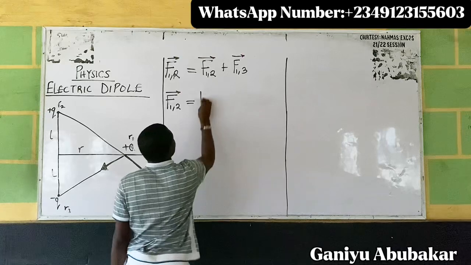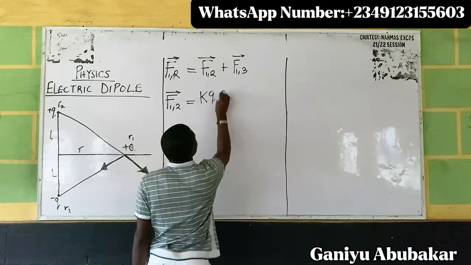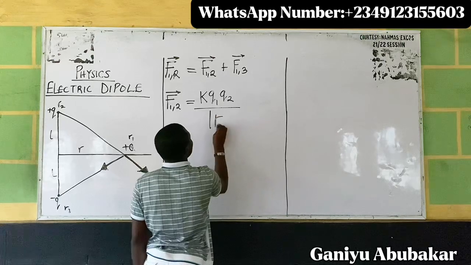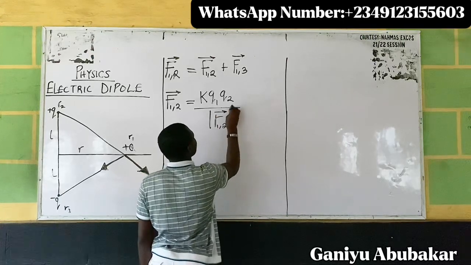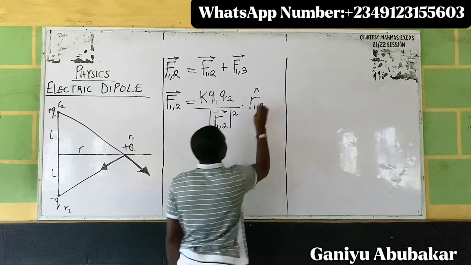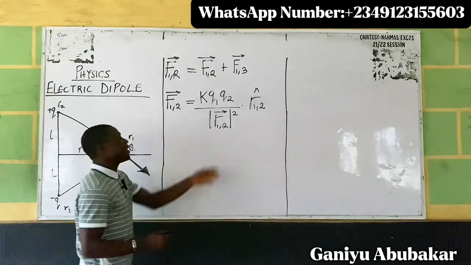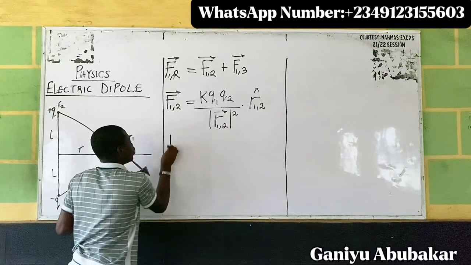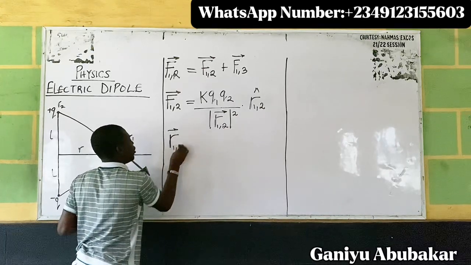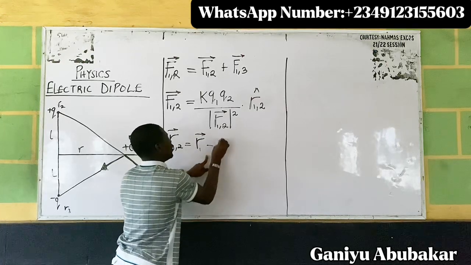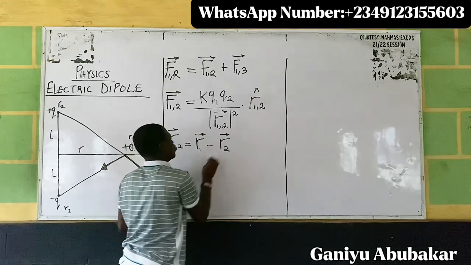F12 is equal to Q1 Q2 all over the magnitude of R12 all squared, times the unit vector of R12. First priority, get this part first. Let's get R12. So R12 is equal to R1 minus R2.